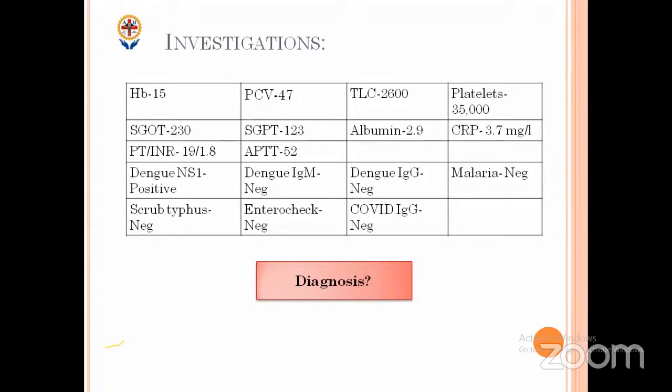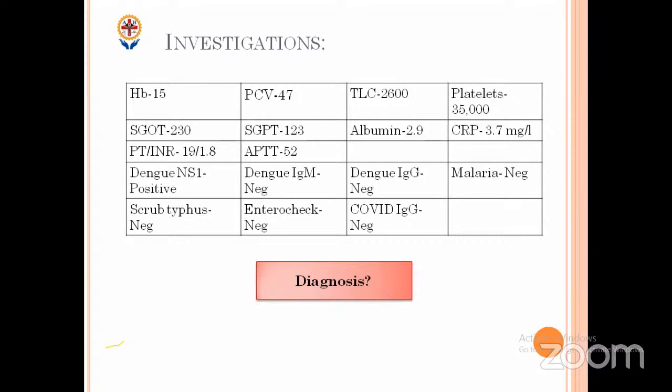The diagnosis. Acute viral illness with thrombocytopenia, sir. Okay. Why can we not call it dengue right now? Because your dengue NS1 is positive. It's actually a rapid test.